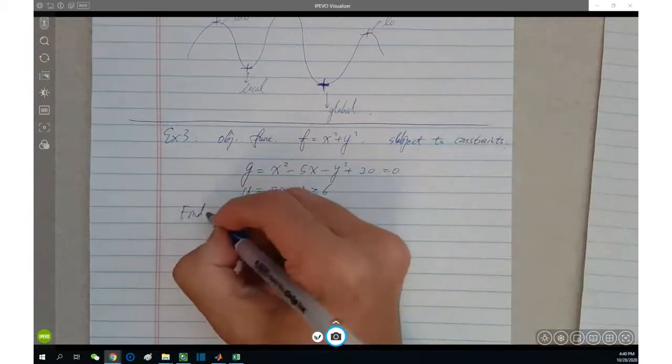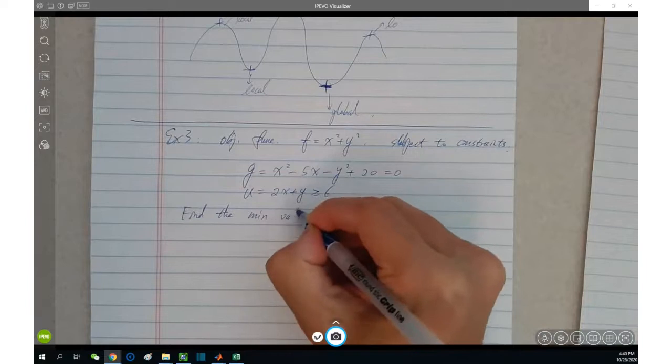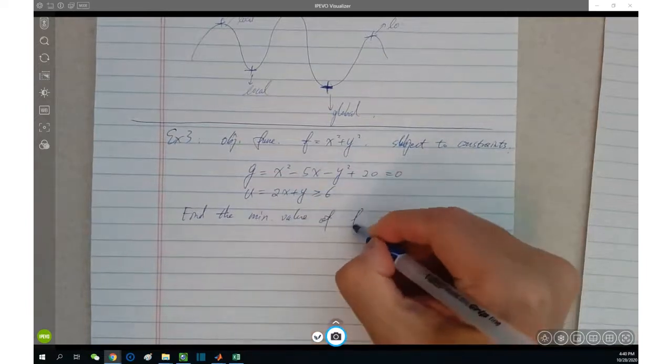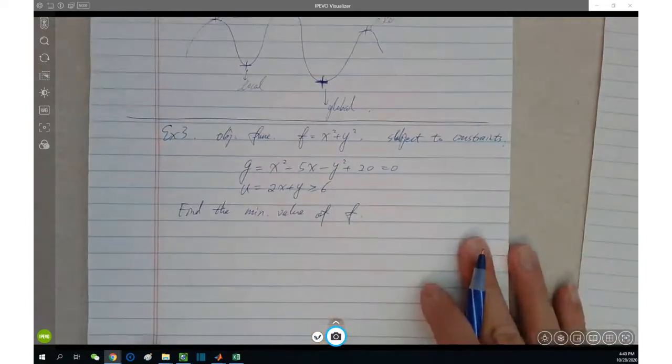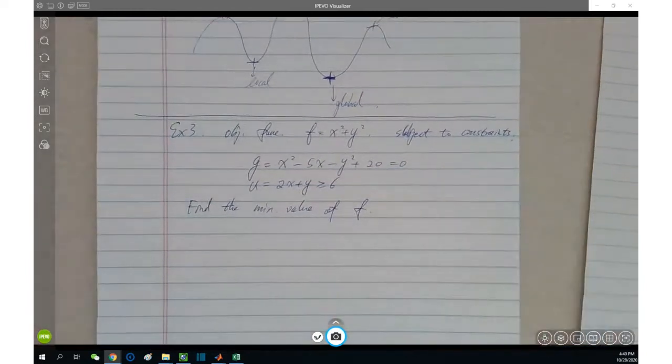Find the minimum value of f. It's not difficult at all, but you need to do the exercise. All right, I gave you guys 5 to 8 minutes. Should be enough. All right, go ahead.